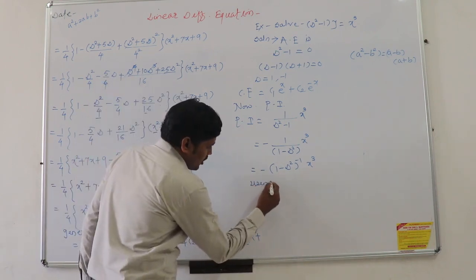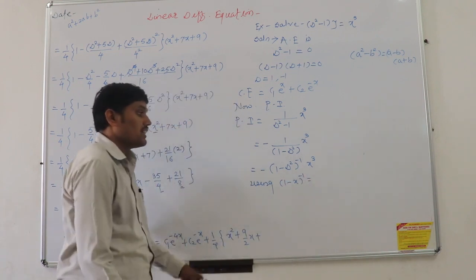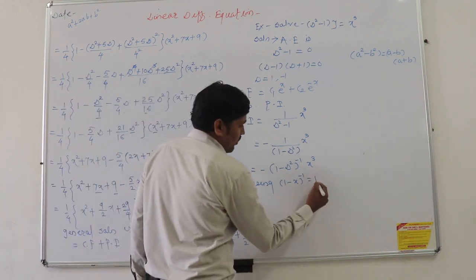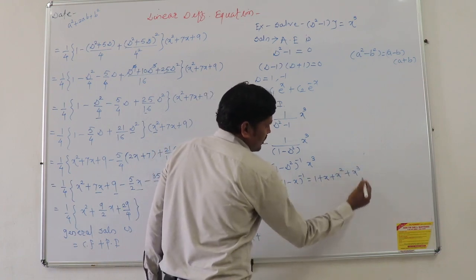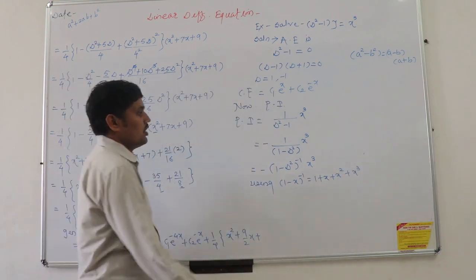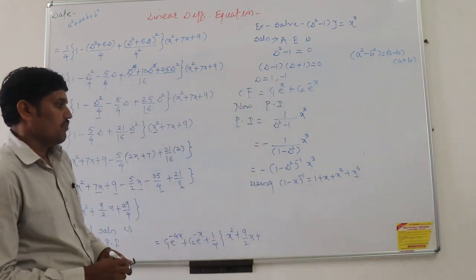So use (1 minus x) raised to minus 1, which is equal to 1 plus x plus x square plus x cube. So all terms are positive. We have to write up to x cube because the degree of x is 3.